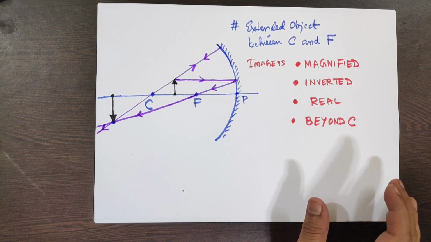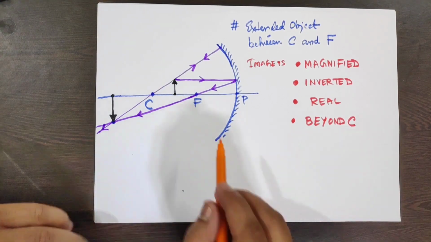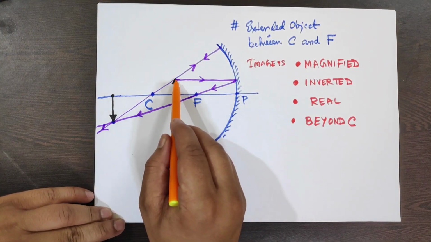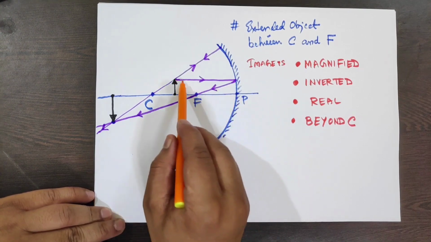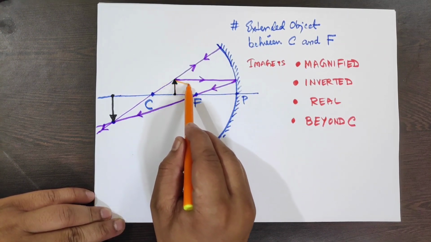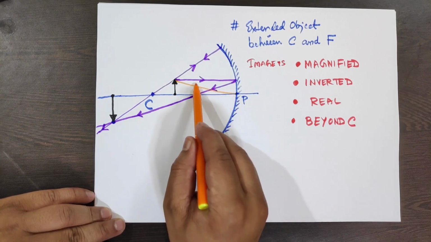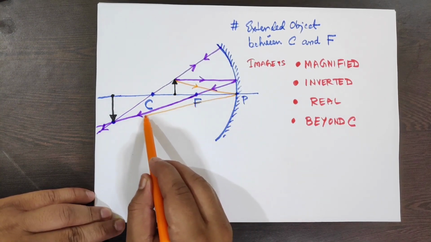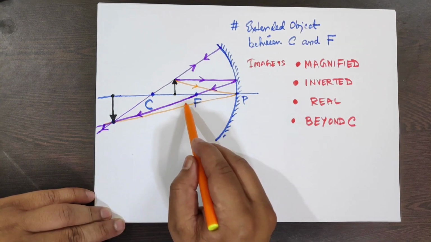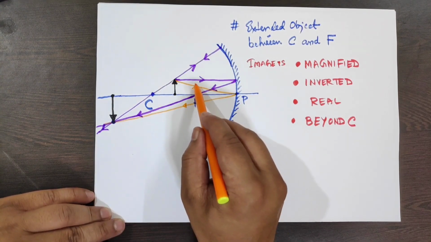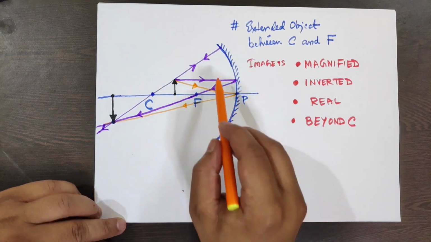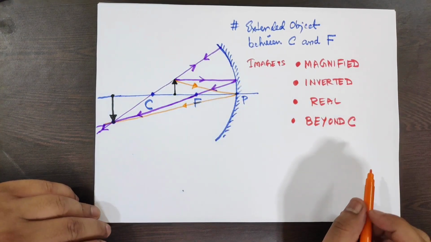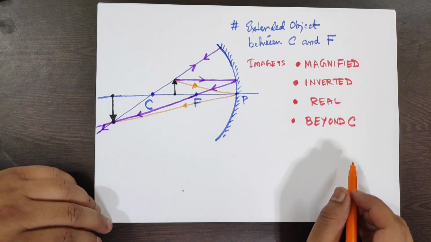See, one thing I'll show you, that this is one of the light rays, right? From here, one of the light rays will hit the pole, and obviously it will pass through this. See, we are drawing the ray diagram with the help of these two rays. Doesn't mean that there are two rays only, there are many rays.